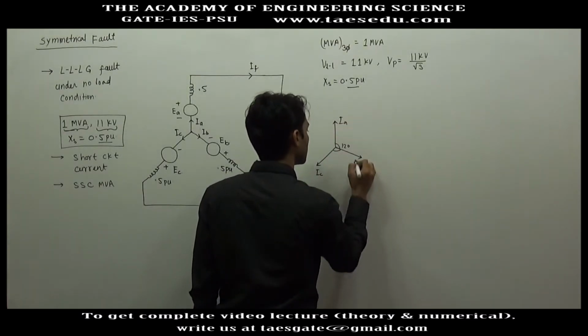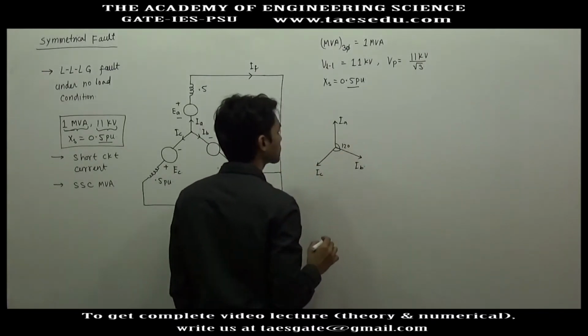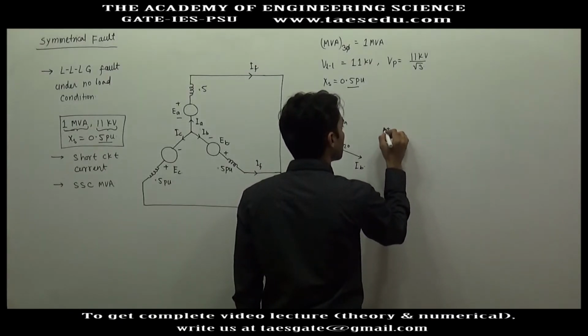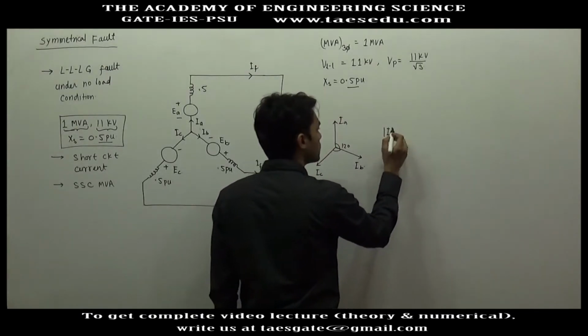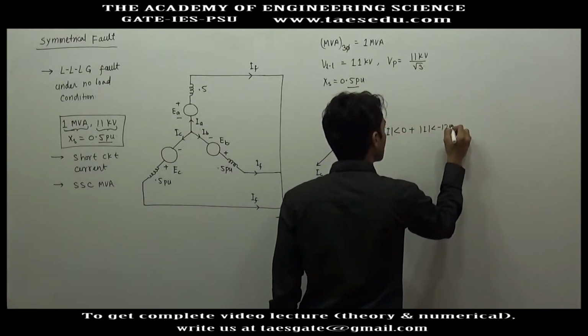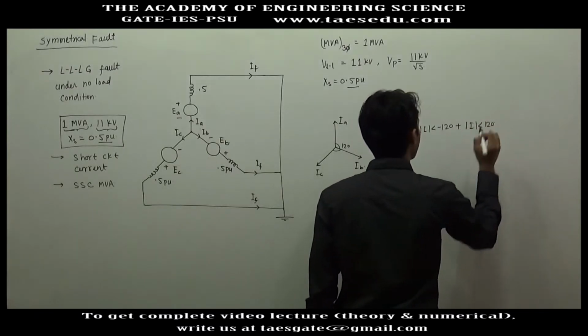This is IA, this is IB. IA will be its magnitude angle 0, IB will be the same magnitude angle minus 120 degree, and IC will be the same magnitude angle plus 120 degree.